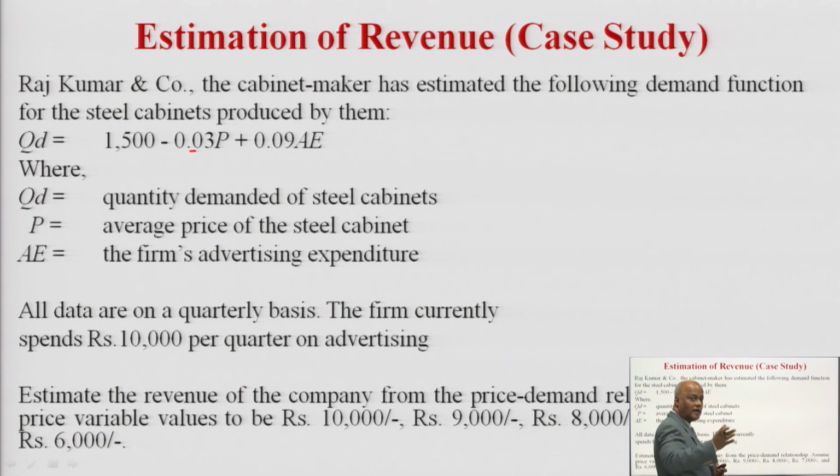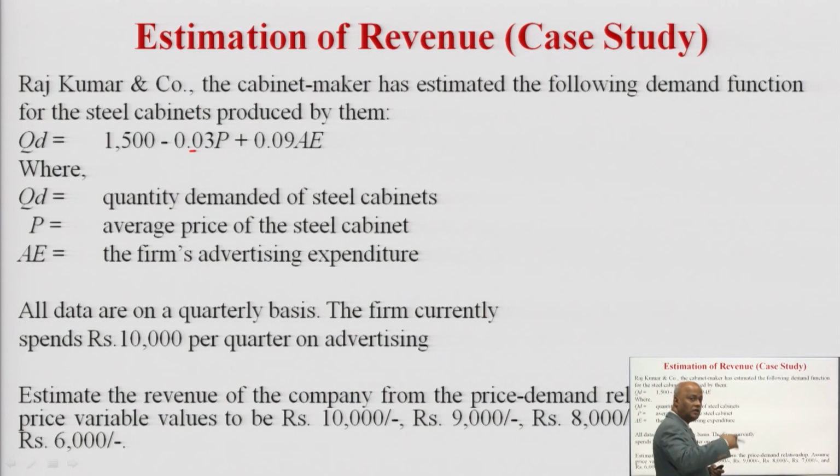What is this case asking us to do? Estimate the revenue of this company from the price demand relationship. So, you have to establish the price demand relationship at different prices. Assume the price values to be 10,000: when the price is 10,000 rupees, how much is the quantity demanded? When the price is 9,000 rupees, how much is the quantity demanded?